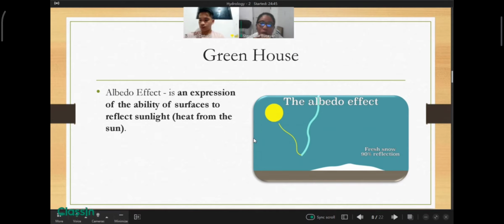The more snow and ice in the Arctic and Antarctic melts, the more dark surfaces there are. Hence, the feedback of climate change in the polar region is further warming, exacerbating climate change globally.